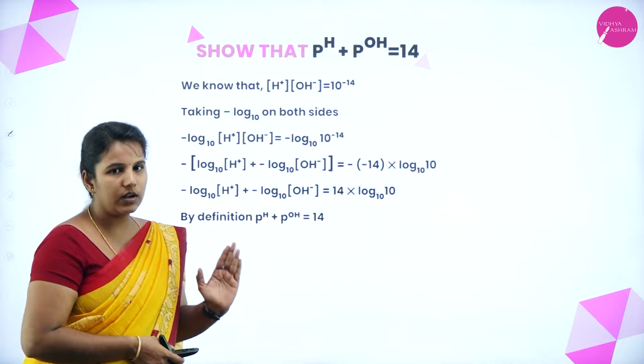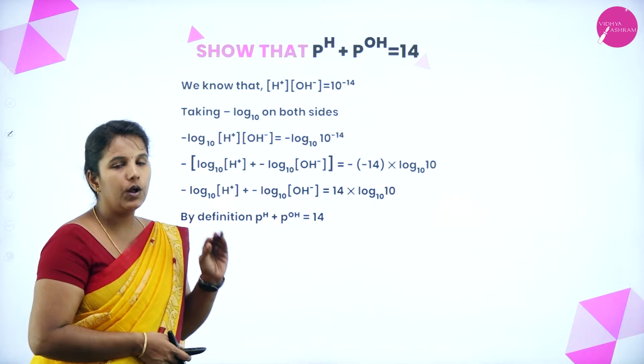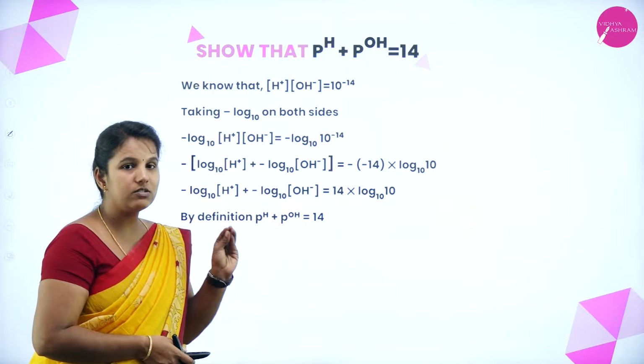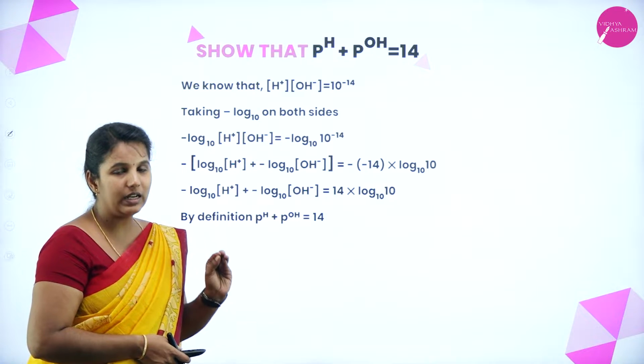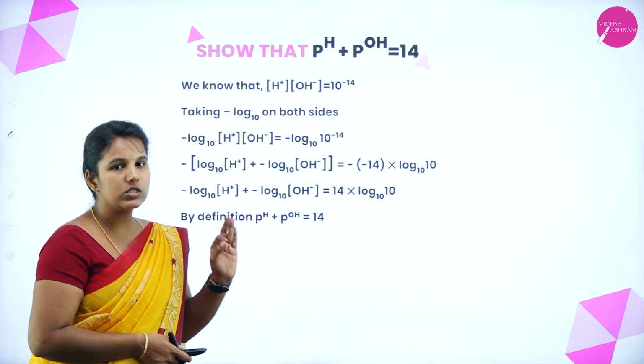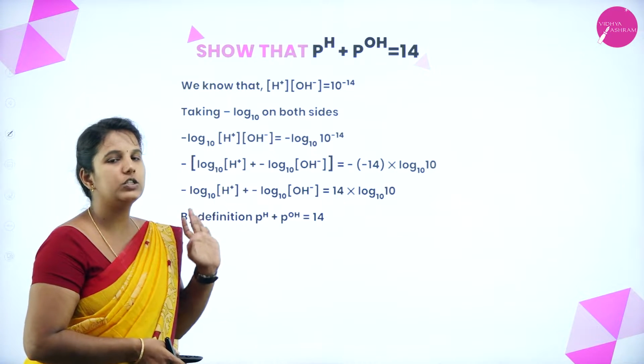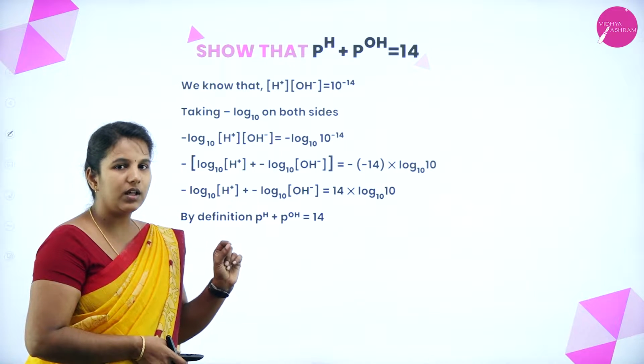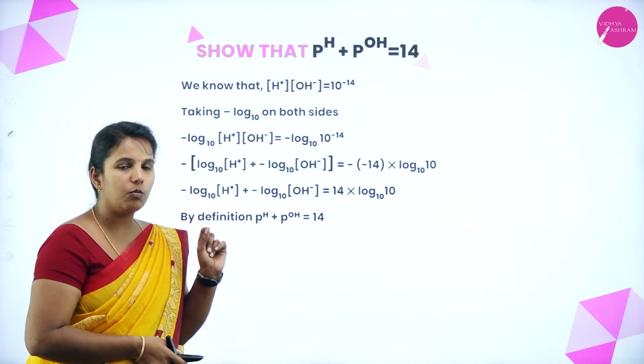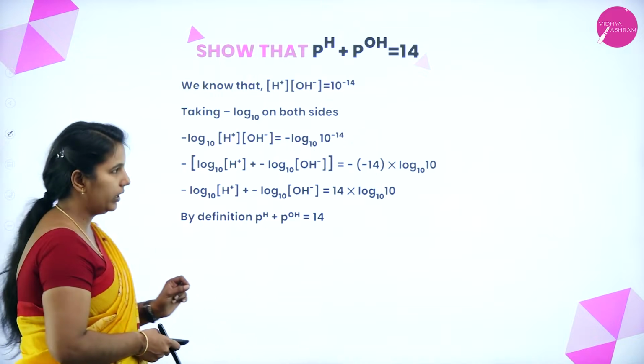Already we have understood that pH is the negative logarithm of base 10 to the molar concentration of the hydrogen ion. Similarly, pOH is nothing but the negative logarithm of base 10 to the molar concentration of the hydroxyl ion. Correct, no?